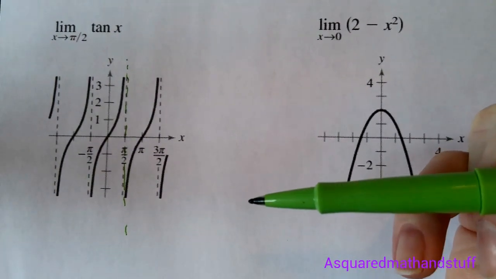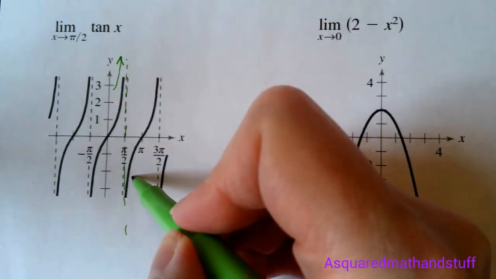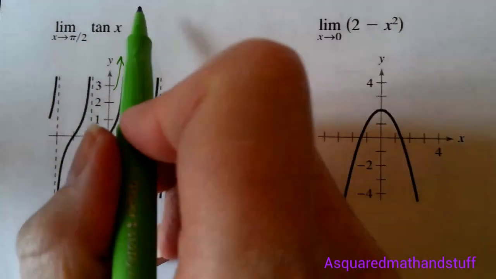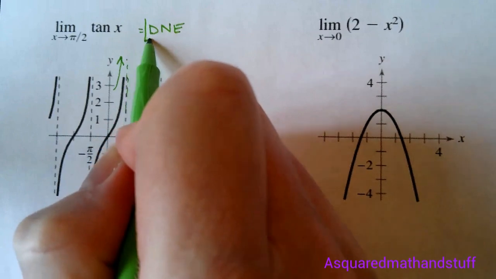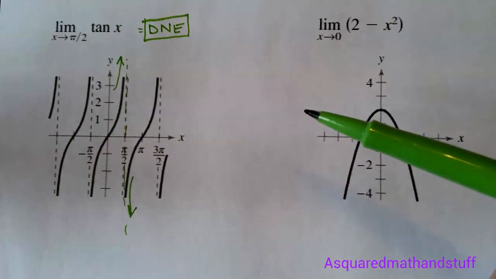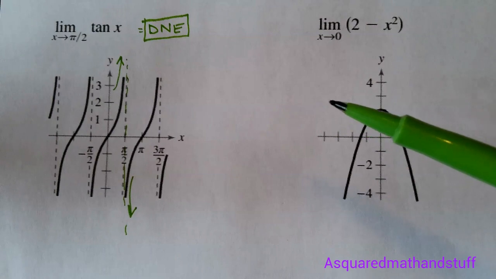Is it going off into infinity? In this case, yes, we have a positive infinity and a negative infinity in terms of our y values. So this is a does not exist. Anytime it's unbounded like that, either in the same direction or opposite directions, the limit does not exist.